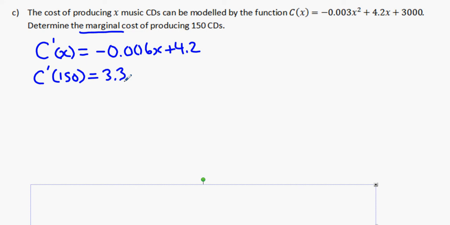When I plug the 150 into there, I'm going to get 3.3. What does this mean, Mr. Wills? Well, I'm glad you asked. We do a nice therefore statement.